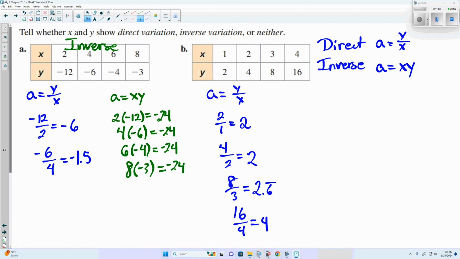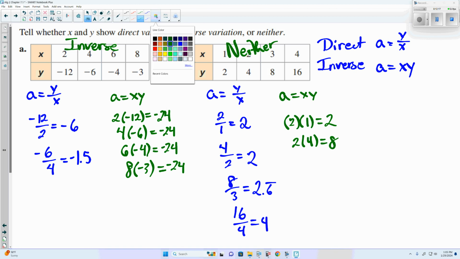Now for this one here, inverse, x times y. The first one would be 2 times 1 is 2. This set of data points is actually representing an exponential function.